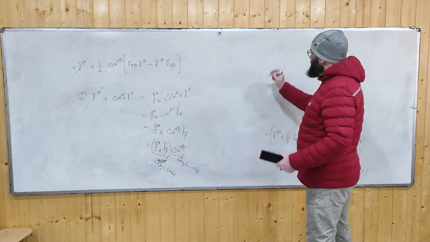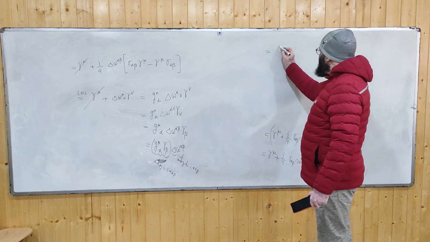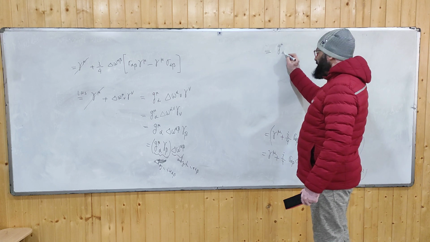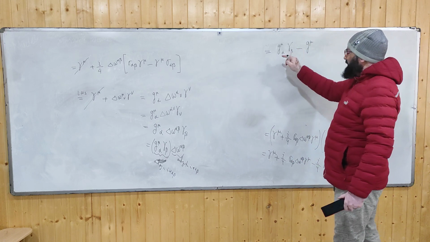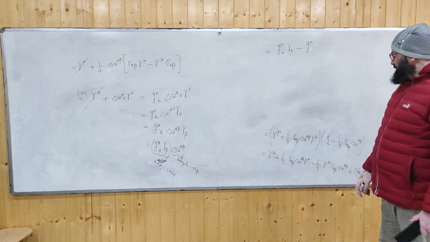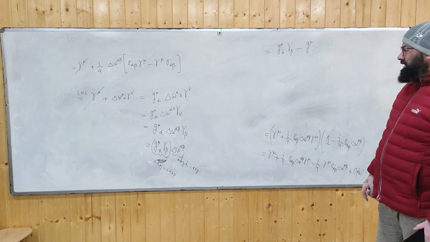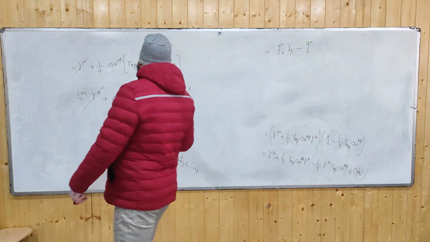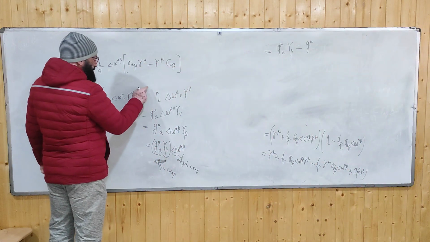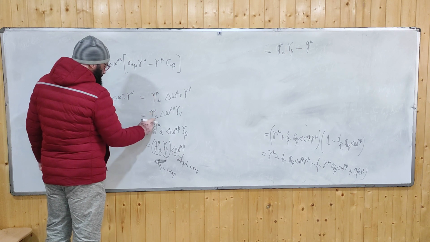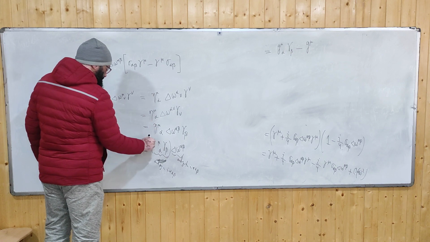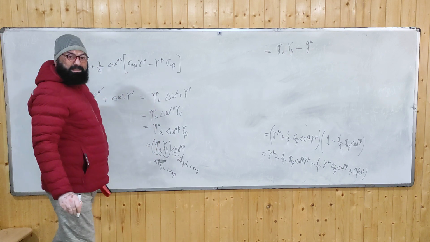So let's try it. So I can put it this way: G mu alpha gamma beta minus G mu. We are using eta instead of G here.